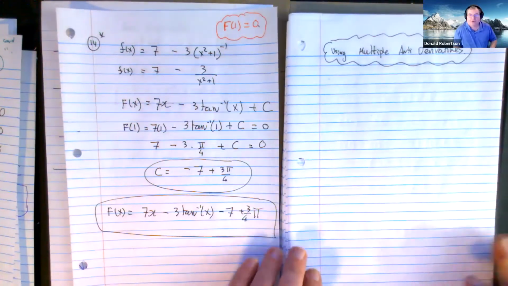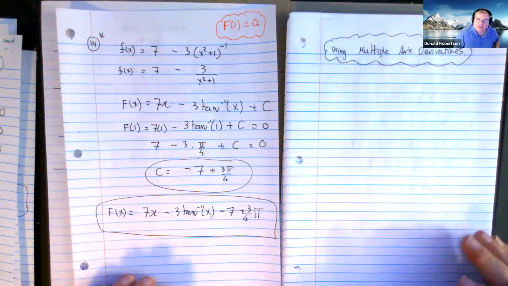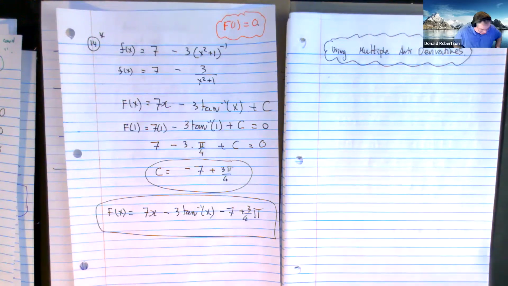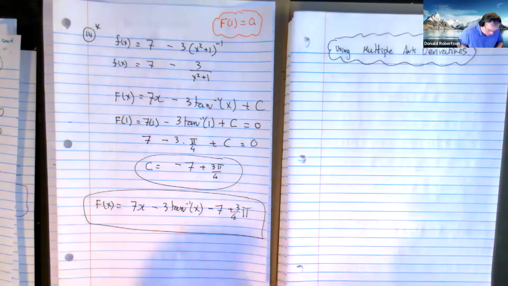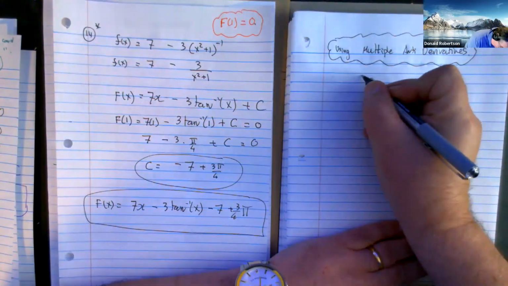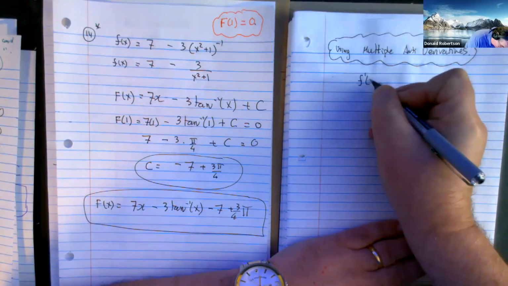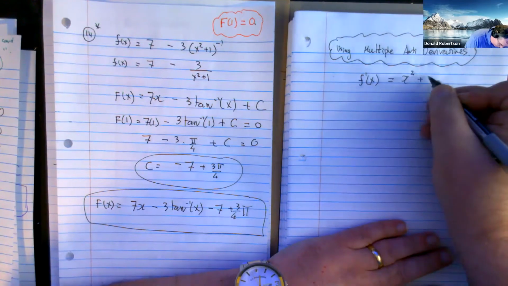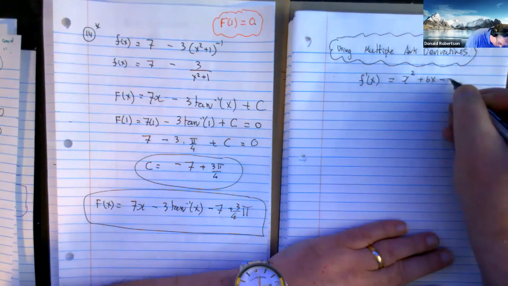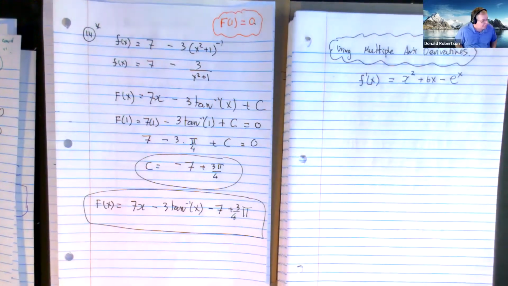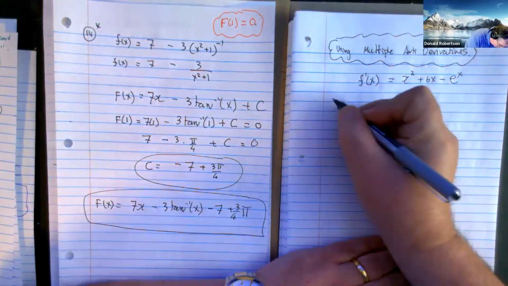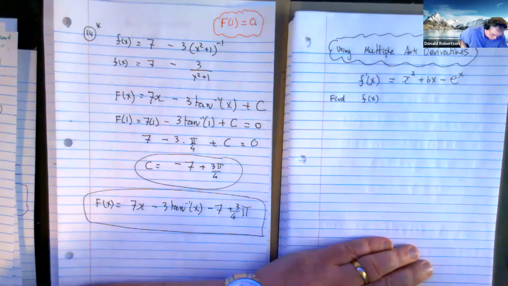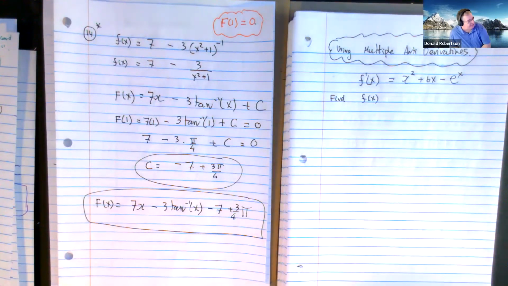The next bunch of things we're going to do is that we're going to use multiple antiderivatives. And we're going to have to change our notation to suit that. So if I tell you that f dashed x was x squared plus 6x, take away e to the x, just for example, and I asked you to find f of x, wouldn't that be find the antiderivative?